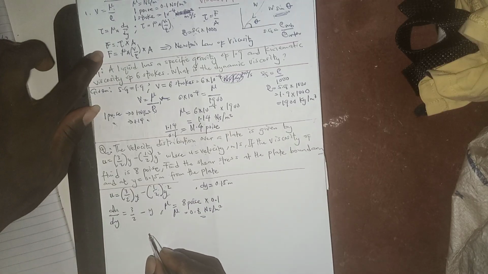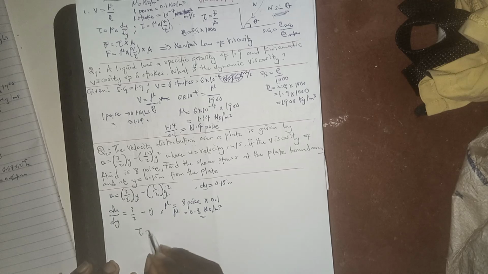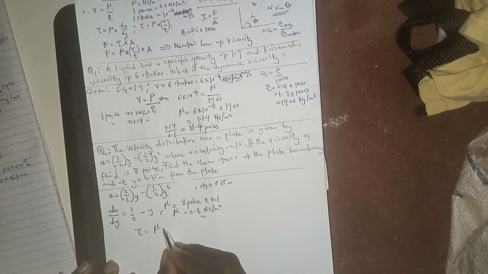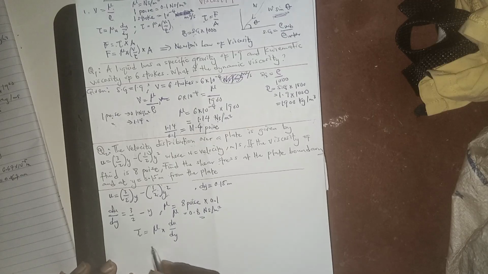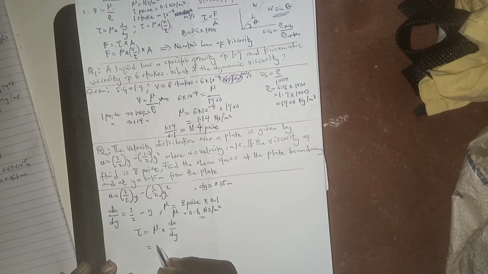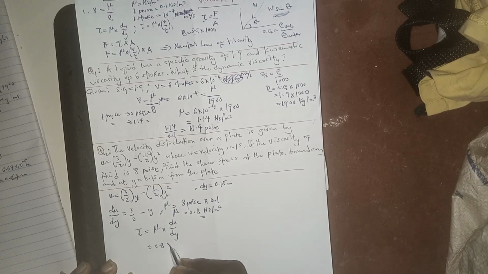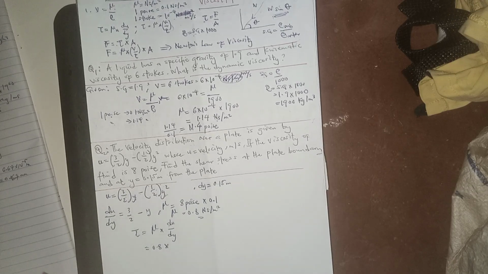We have to find the shear stress. We already know our formula: shear stress is equal to this multiplied by du dy. So it should be 0.8 multiplied by, but now let us read the question completely.